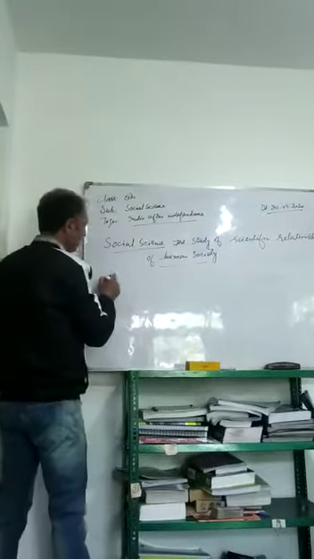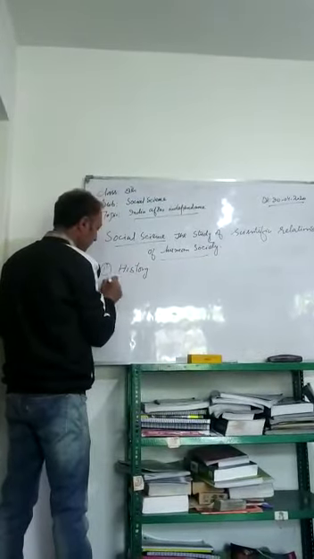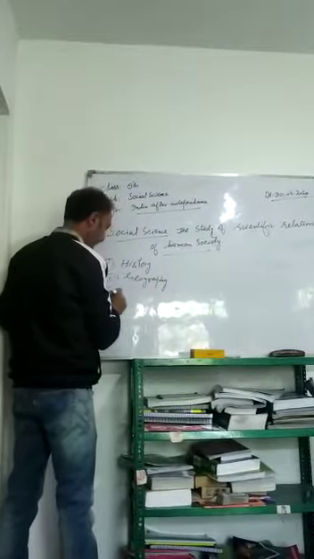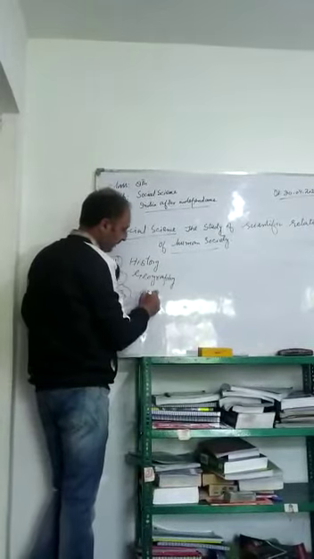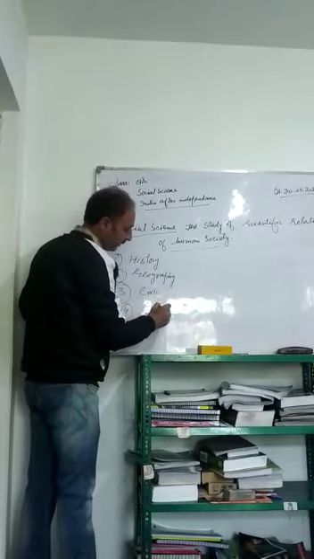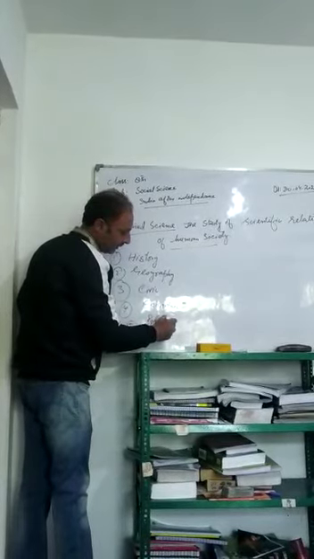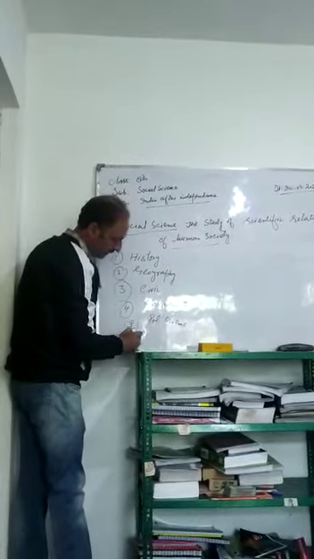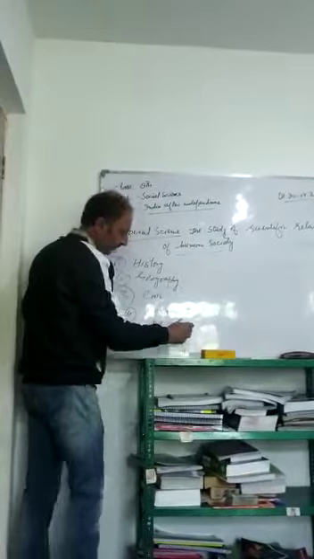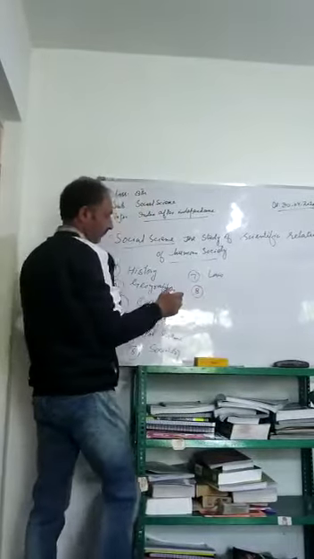These are: number 1, history. Number 2, geography. Number 3, civics. Number 4, economics. Number 5, political science. Number 6, sociology. Number 7, law. Number 8, psychology.